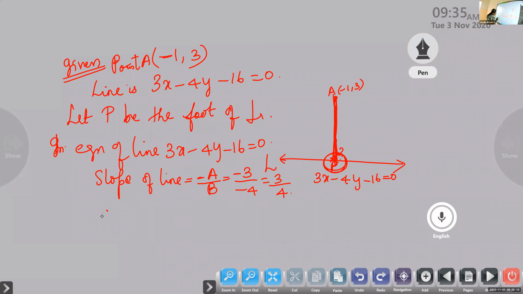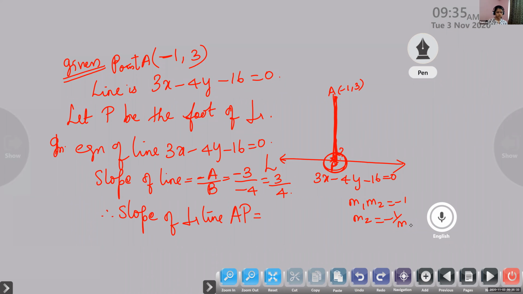So what will be the slope of the perpendicular line? We know that if two lines are perpendicular, m1 into m2 is minus 1. Therefore, m2 is minus 4 by 3. Take the reciprocal and change the sign. m2 is minus 1 by m1.